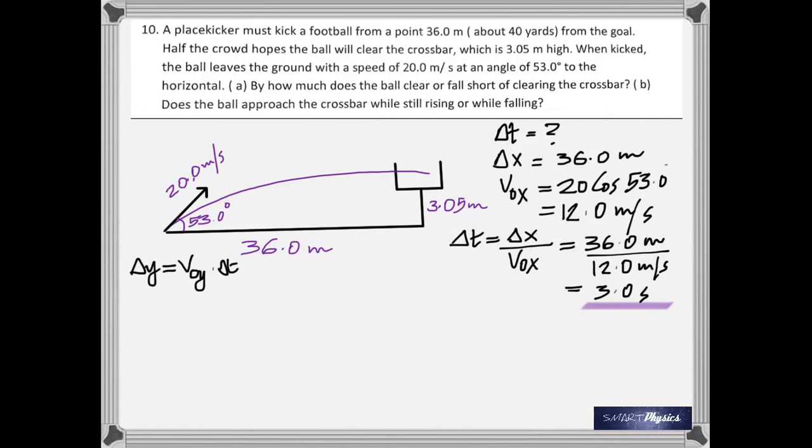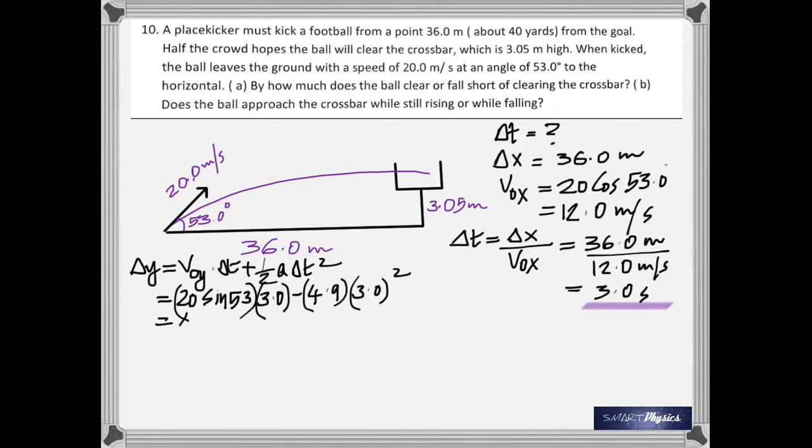And now we'll find the delta y during that time using the equation that has been used a million times now. Initial vertical velocity 20 sine 53. We're trying to find the vertical in 3 seconds. You know why it's negative? Because it's first going up. First term is 47.9.